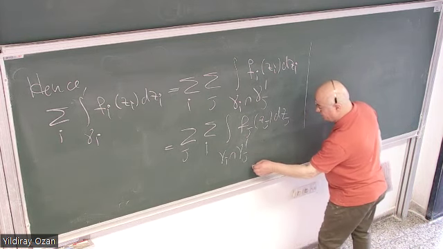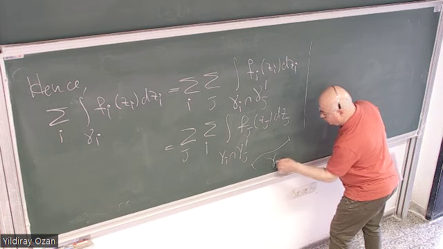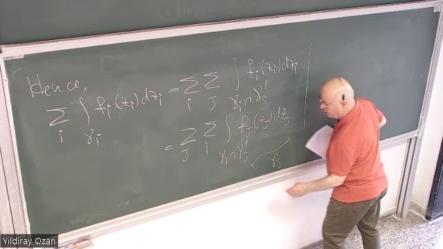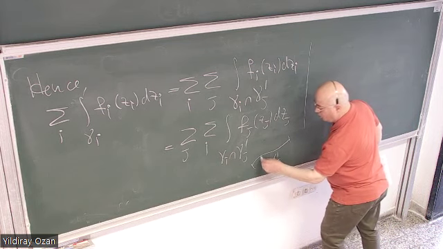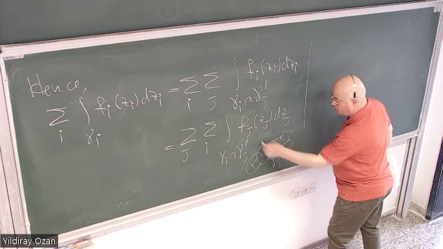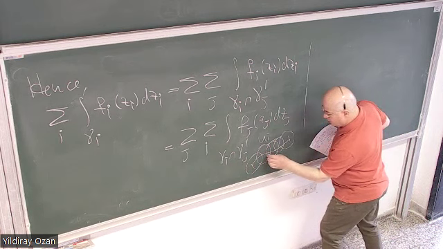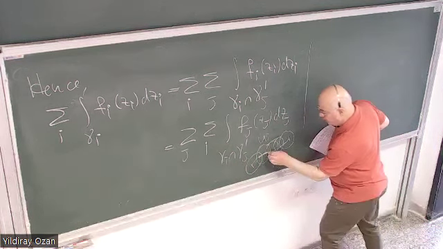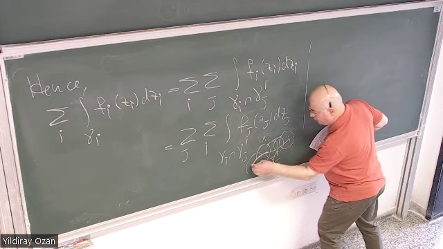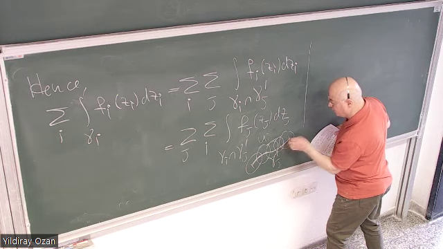I have this piece gamma_j' covered by the open sets, these are our U_i's, and for some other i I have this one, and this one, and this one.